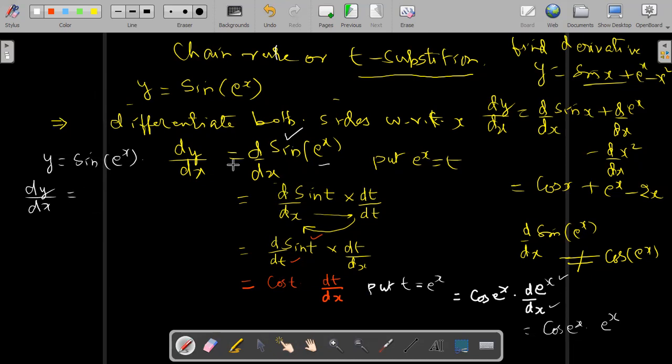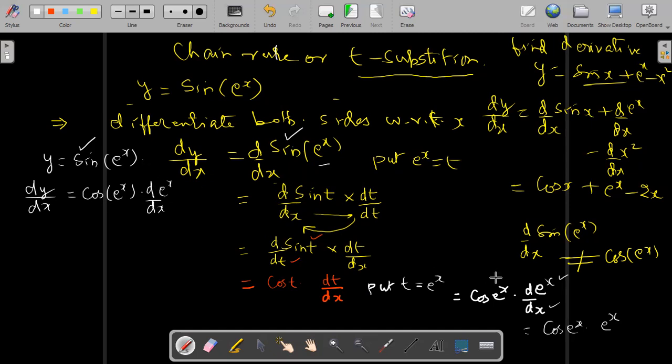If you want to write directly without taking t substitution, be careful, don't leave any function without differentiation. You have to choose the outermost function, that is sine. What is the differential of sine? You will write cos. Inside, do not change anything in that function. You will write e to the power x as it is, and then you will write d by dx of e to the power x.